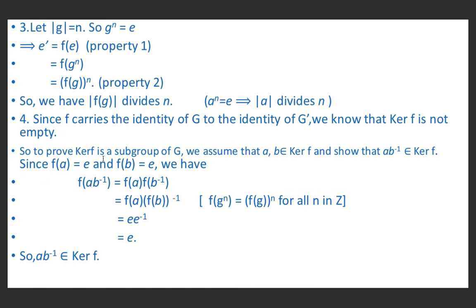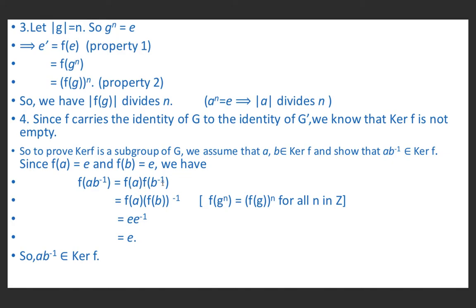Since f(a) is equal to e' and f(b) equal to e', we have f(ab^-1) is equal to f(a) into f(b^-1). This is by homomorphism, because a homomorphism preserves group operation.